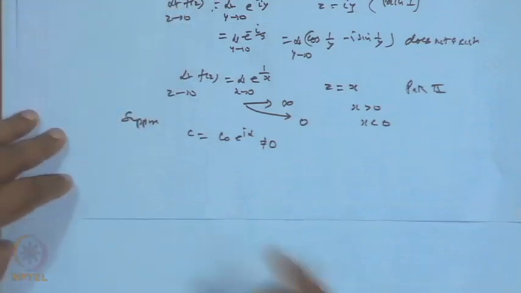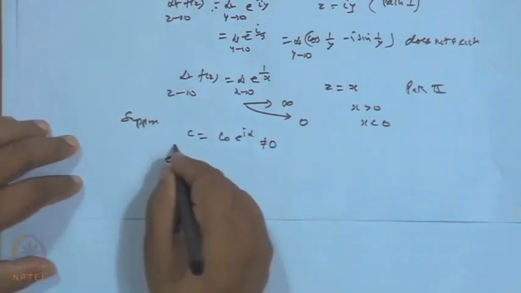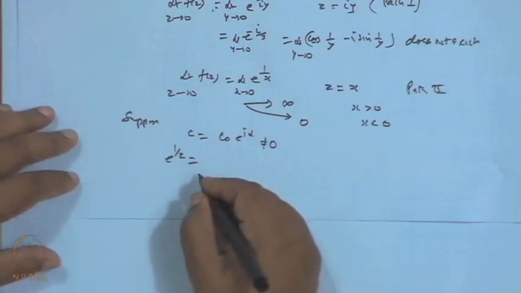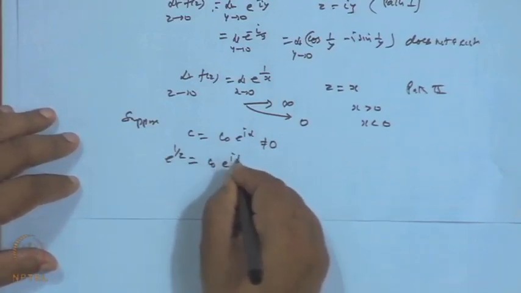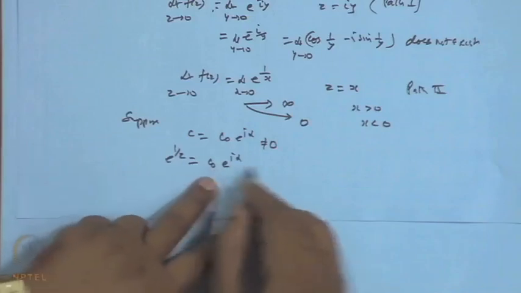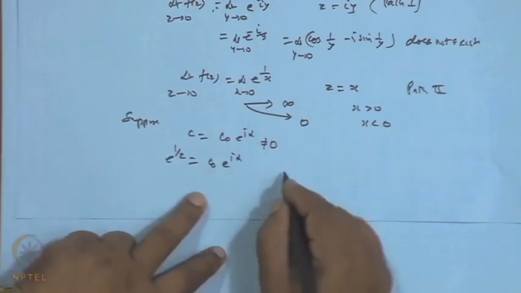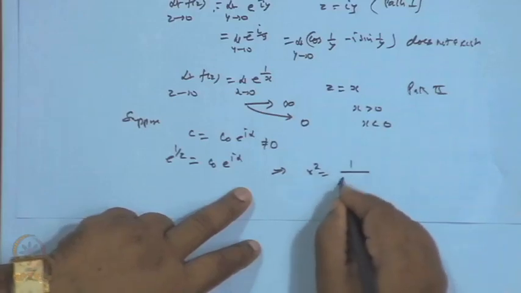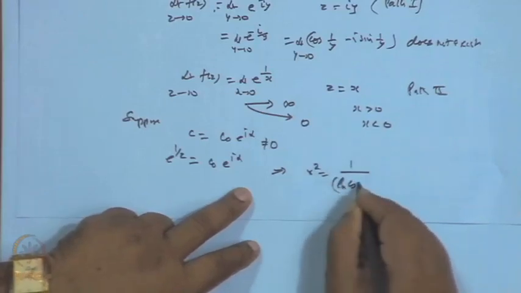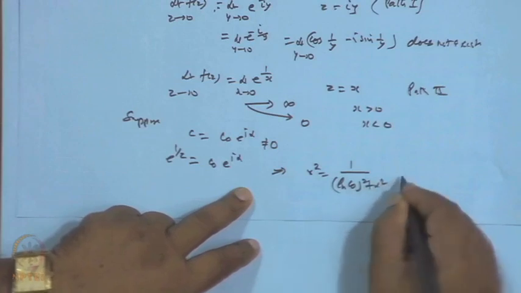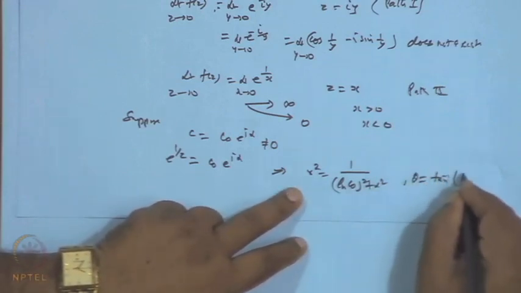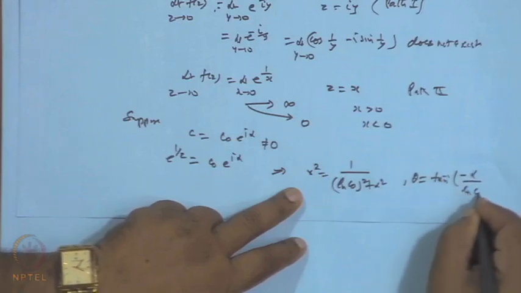Suppose e to the power 1 by z is this value, c naught e to the power i alpha. If I compare and find x and y, we get r square is 1 by (ln c naught) square plus alpha square, and theta comes out to be tan inverse of minus alpha over ln c naught.